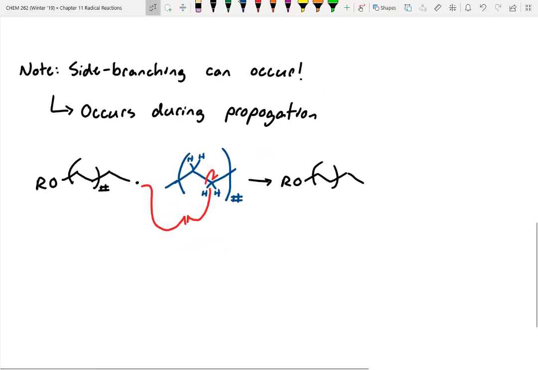Let me zoom out a bit. Sorry. So there we go. We've got our hydrogen installed on our terminal end. Let me spread this out. You can tell I don't do a lot of polymer chemistry.